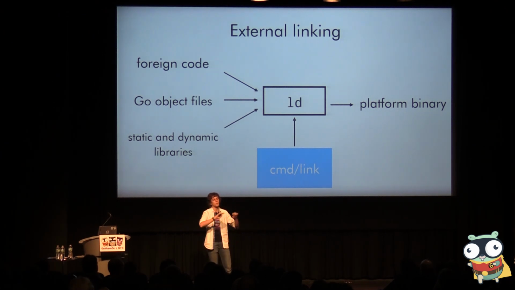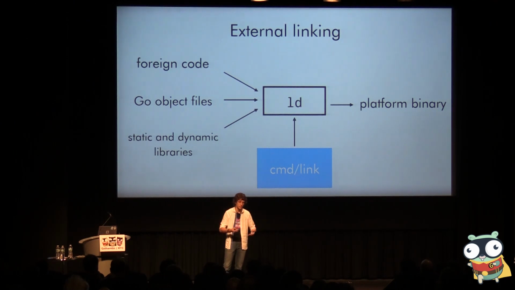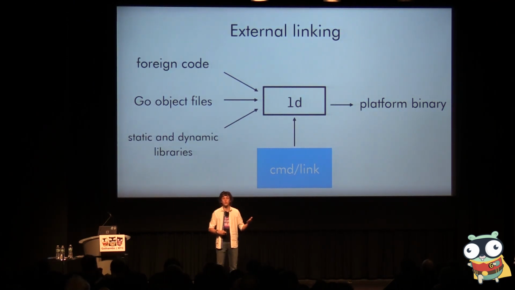That linker will have implemented everything, or will be able to access dynamic libraries. Now, the problem with this is that usually that linker has a specific target, so it can't cross-compile. And this is why we can't cross-compile CGO easily.